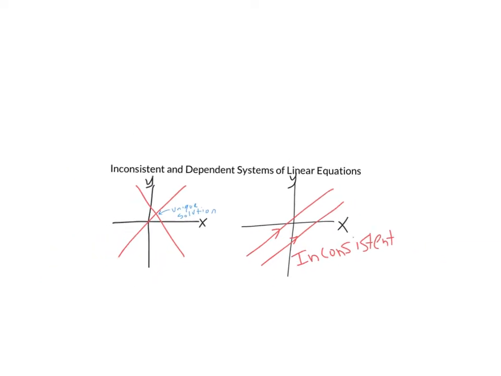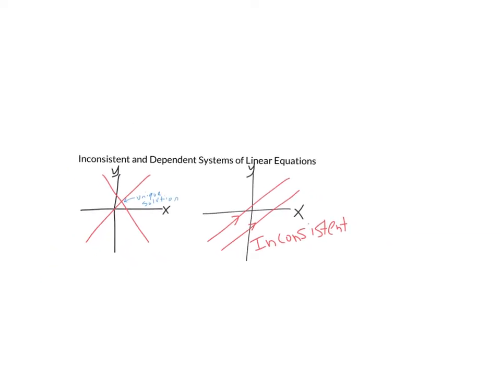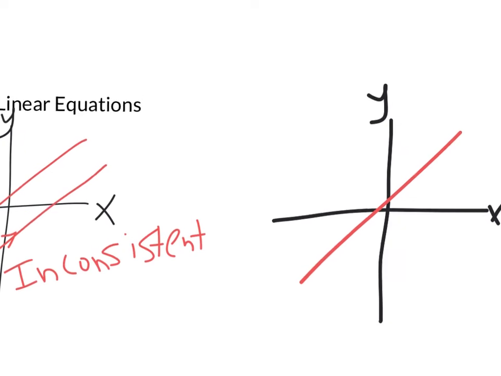And then we have one other type here. We have an x and a y. In this case, I'm going to draw two different color lines. My first line is going to be red. And my second line is going to be green. And you'll notice I drew the lines right on top of each other.